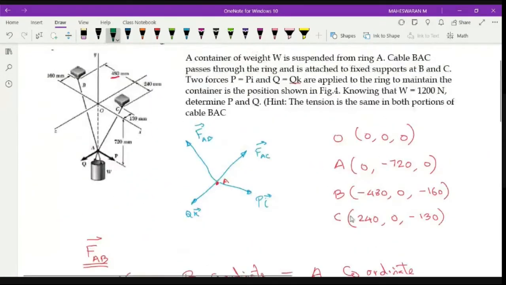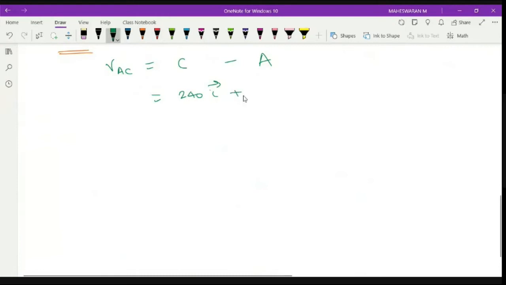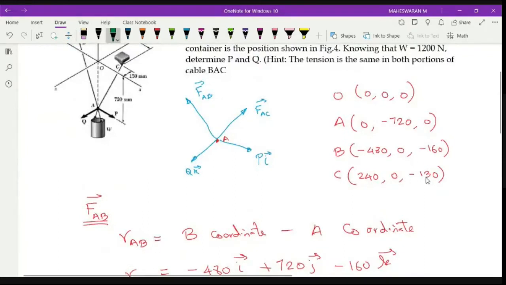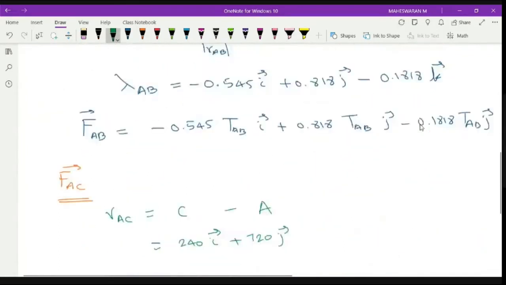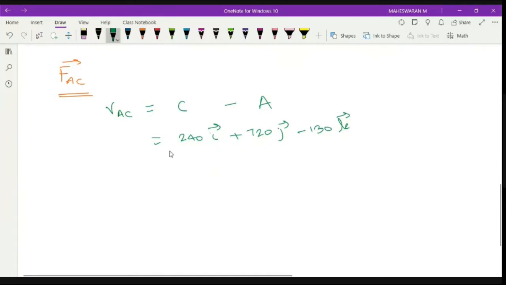Then 0 minus minus 720, you are getting plus 720 j vector. And minus 130 minus 0, so when you subtract it, you will get minus 130 k vector. Right? This is my position vector RAC.